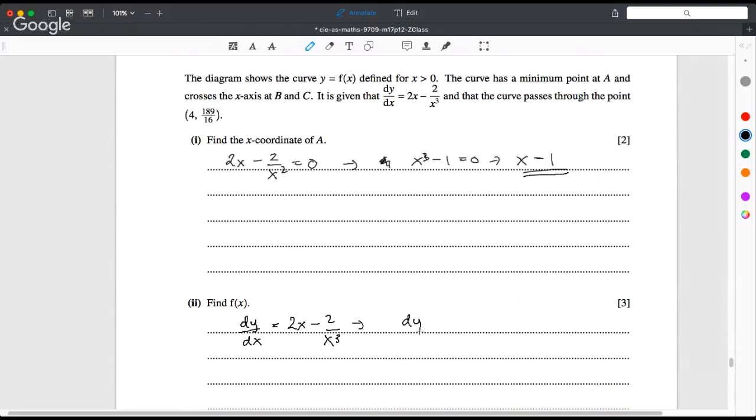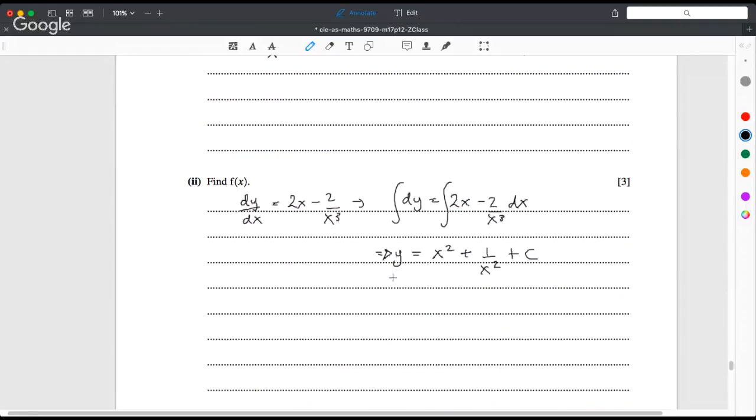So we have dy is equal to (2x minus 2) over x cubed dx. And we're going to integrate this to get y is equal to x squared plus 1 over x squared, plus some constant, and convince yourself that if you differentiated this, you would get that back.